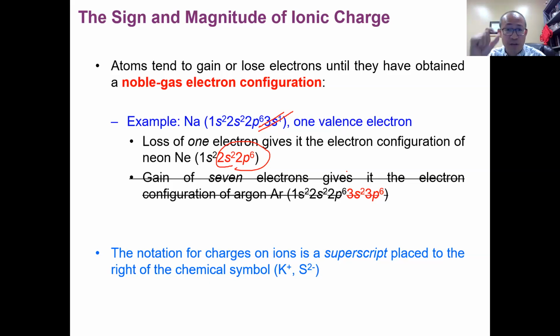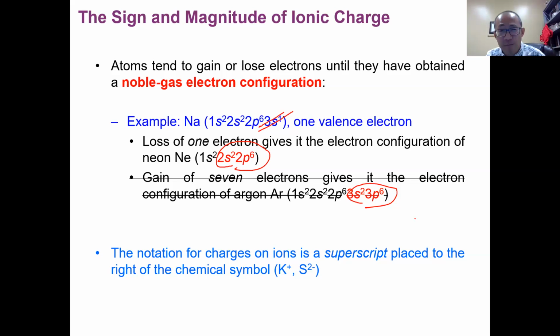Again, not neon itself, just the configuration of neon. Or in another way, instead of losing 1, it gains 7. 1 plus 7 is 8. So the outermost shell becomes 3s2, 3p6. That also can work. But you know that losing 1 will be a lot easier than gaining 7, right? Just lose 1.